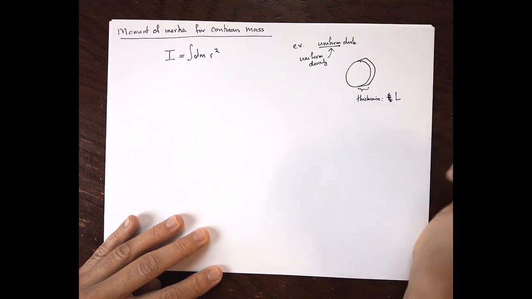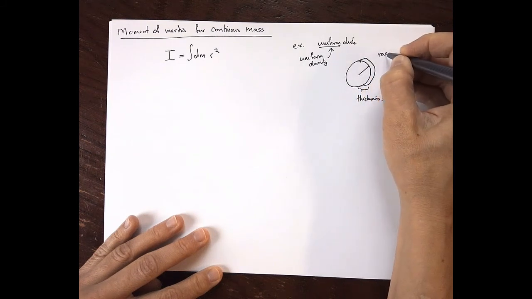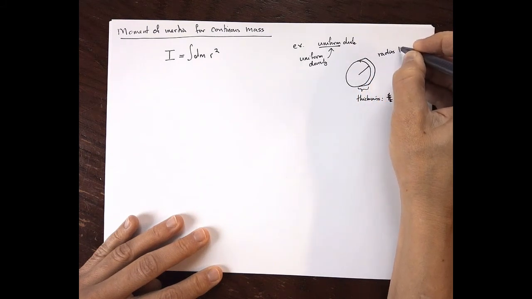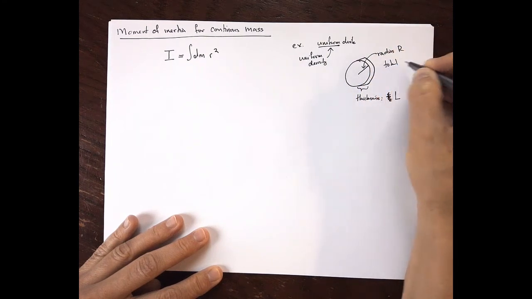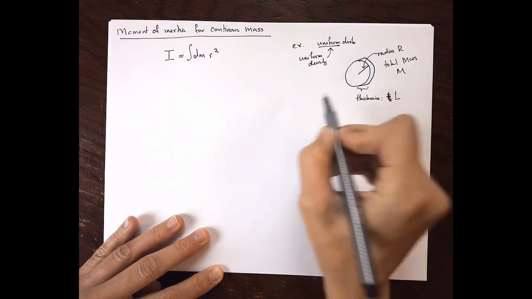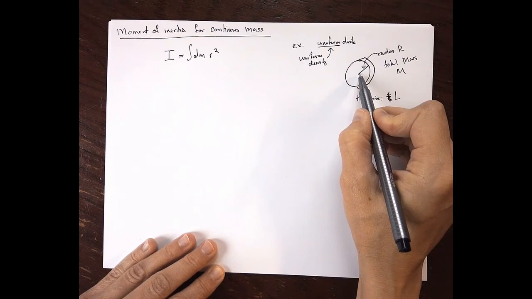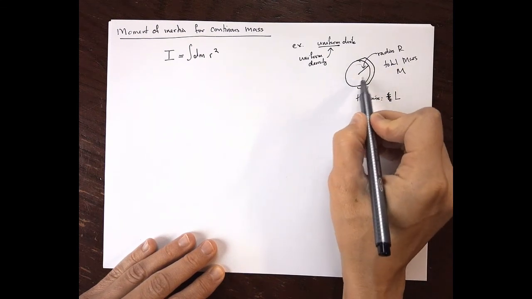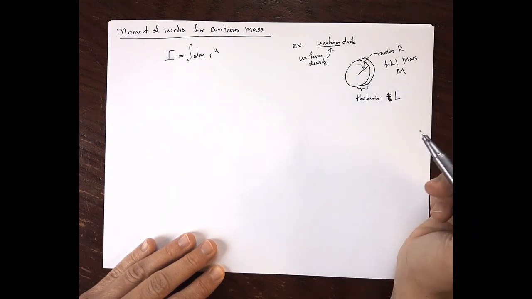Let's call it L. And then we'll have our radius of the disk, and we'll call that big R. And the disk will have a total mass, and we'll call that M. And so here we've got a disk. It's got mass, it's uniform, so that mass is spread out all over it. And the total mass is this big M.